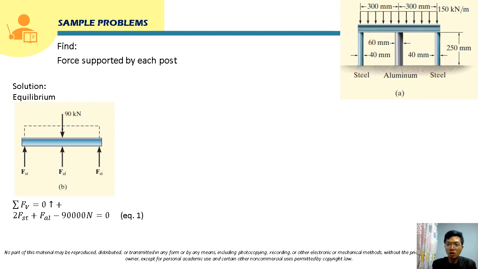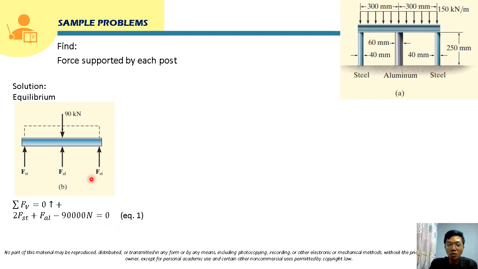Converting that into its equivalent point load, the length of the distributed load is 300 plus 300, so 600 millimeters. So that will be 150 kilonewton per meter times 0.6 meter, which is 90 kilonewton. This distributed load is equivalent to this point load of 90 kilonewton. So this will become negative 90 expressed in newtons, so 90,000, and this will be equal to 0.